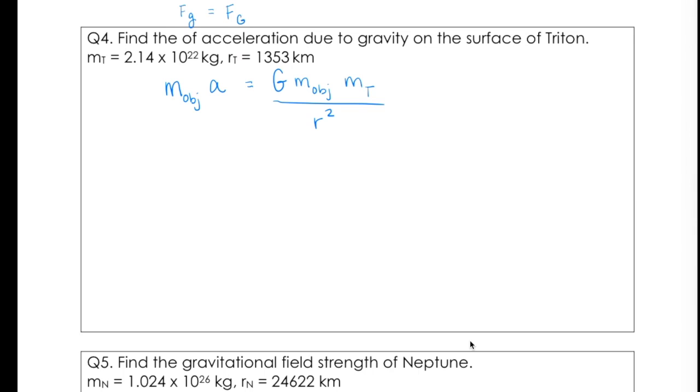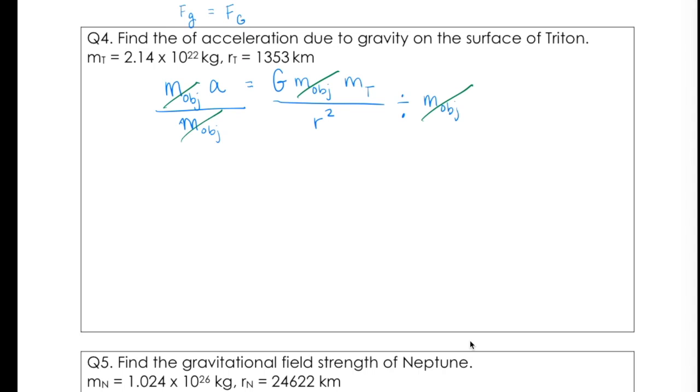So if we were to get the mass of the object both on the same side, okay, using algebra rules, we would have to divide both sides by mass of object. Okay, and then so if we divide this side as well by mass of the object, what happens is that they cancel out.